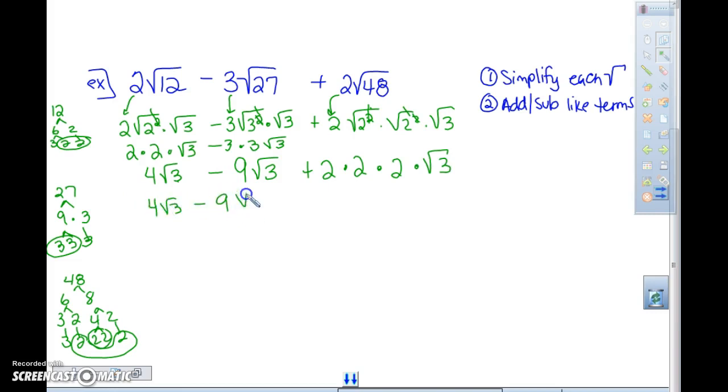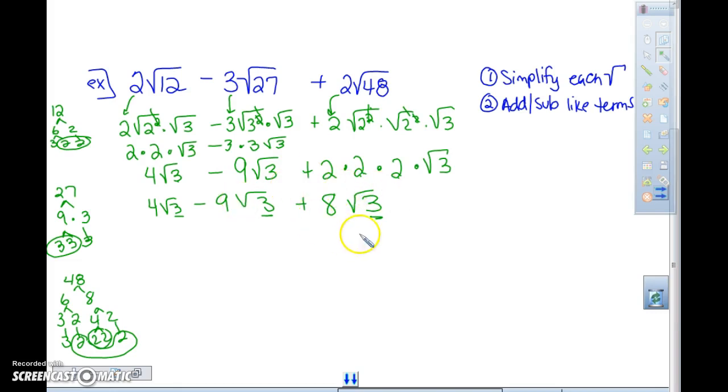So let me write it all out. So 2 times 2 times 2 is 8. Square root 3. Now look, all of our radicands are the same. And all the indexes are square roots. So these are like terms now. I got 4. You got 4 what?